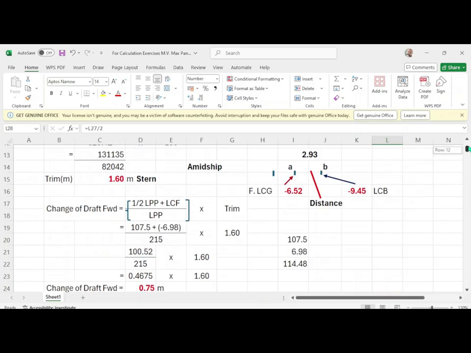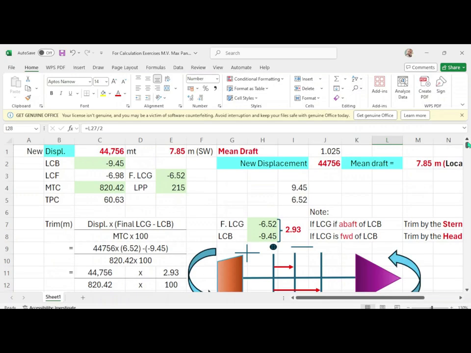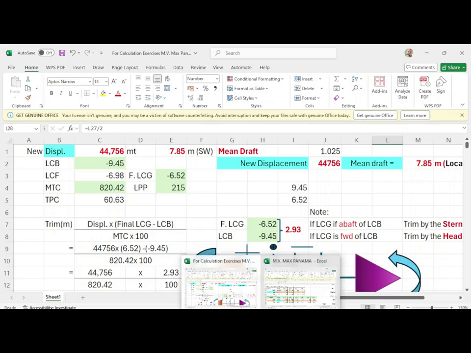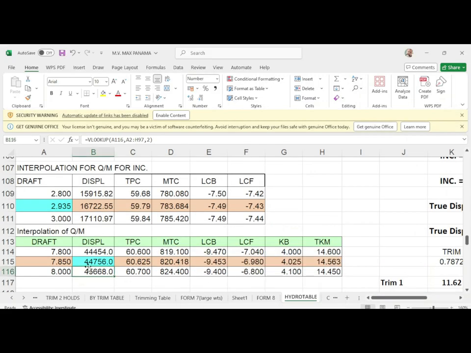But it's already rounded off here. Double check, guys: 7.85.